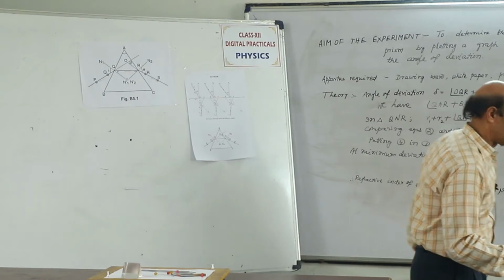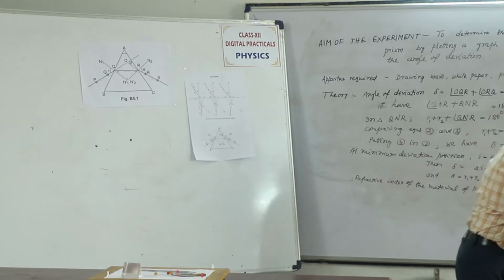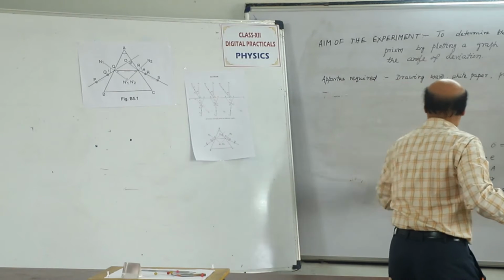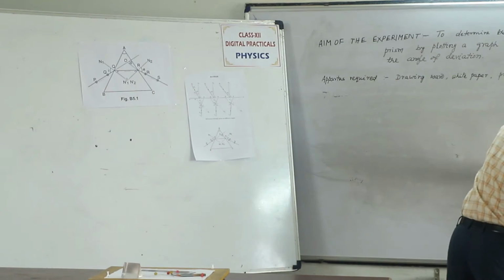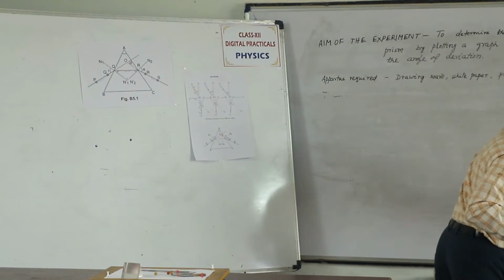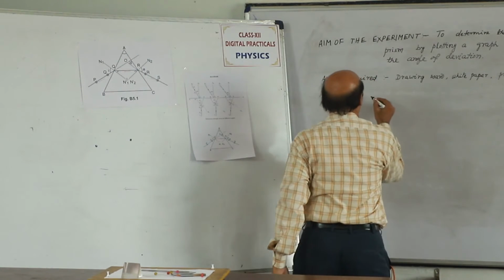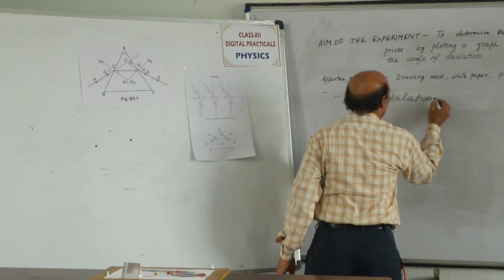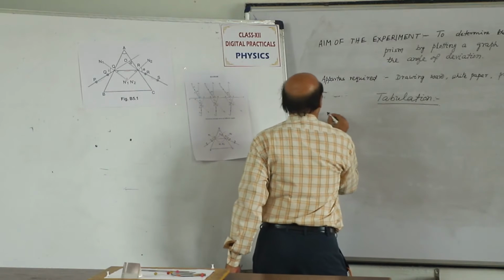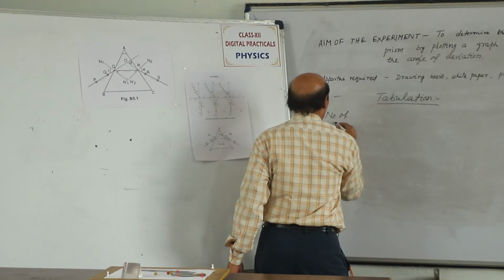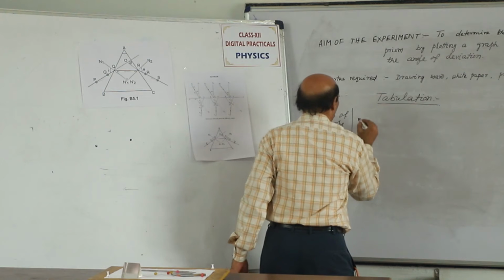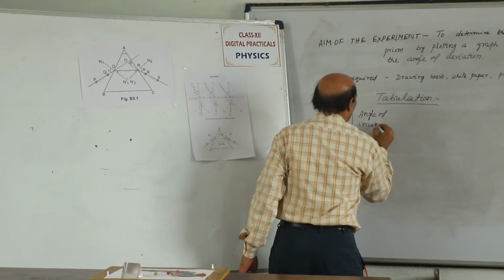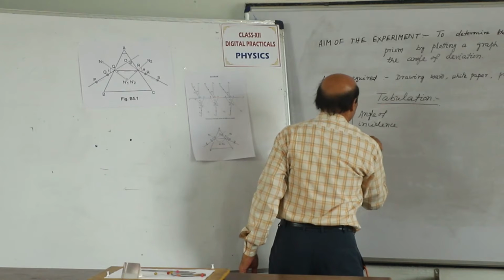The tabulation will be like this: number of observations, angle of incidence in degrees.